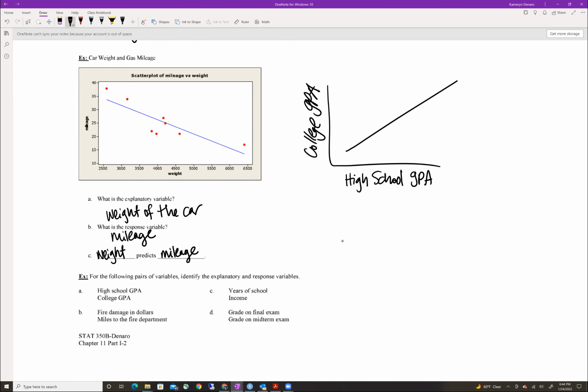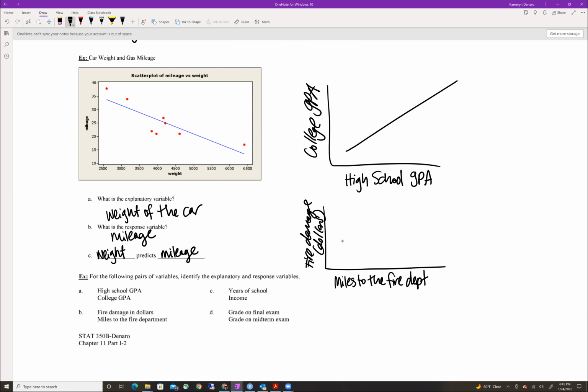The next example, fire damage in dollars and miles to the fire department. So I would think that the miles to the fire department is going to predict the fire damage measured in dollars.